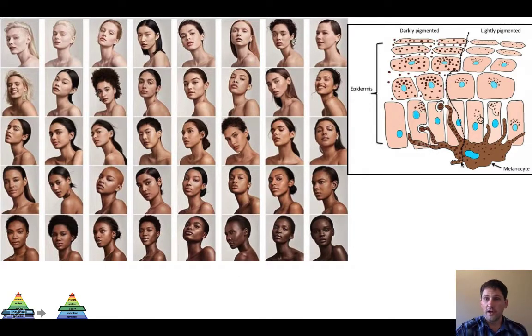These melanocytes are producing melanin, and that melanin is then broken off. First it's exocytosed from the melanocytes in vesicles, and then it's endocytosed by the keratinocytes that are nearby. They take those little melanin fragments that I'm pointing to with my arrow, and they orient them on the light side of the nucleus.